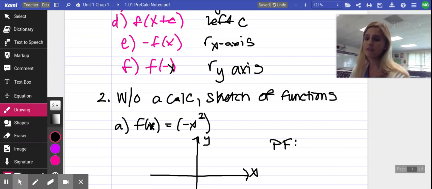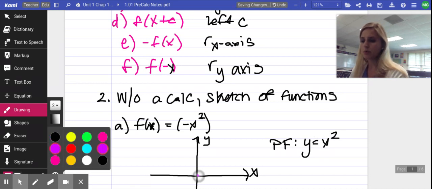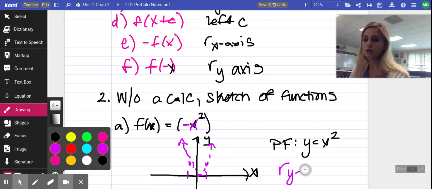Here I would take off the negative in front of the x, so my parent function would just be y equals x squared. If I graphed that, I would graph the points 0, 0, 1, 1, negative 1, 1, and I would have a parabola that looks like this. Now, since the x is being negated right here, that means we're reflecting over the y-axis.